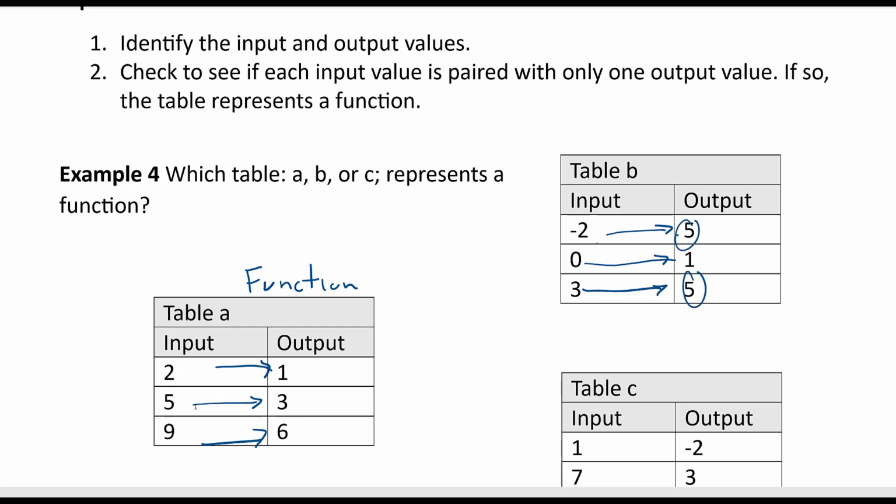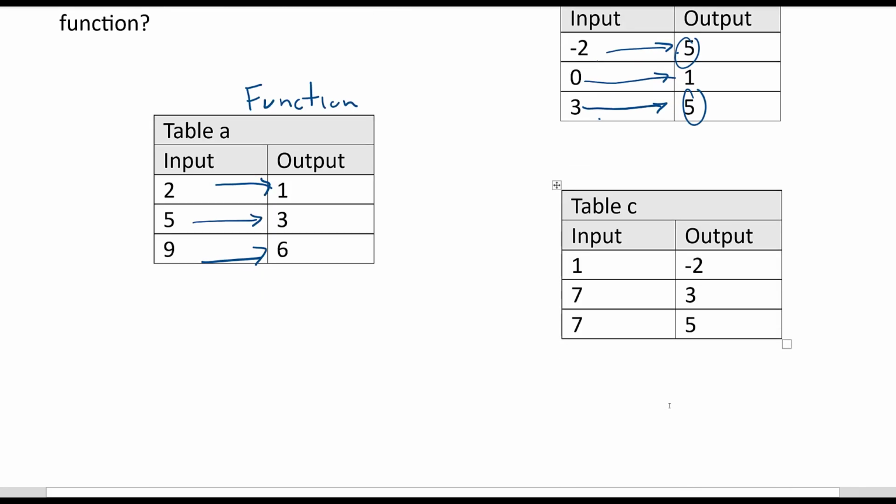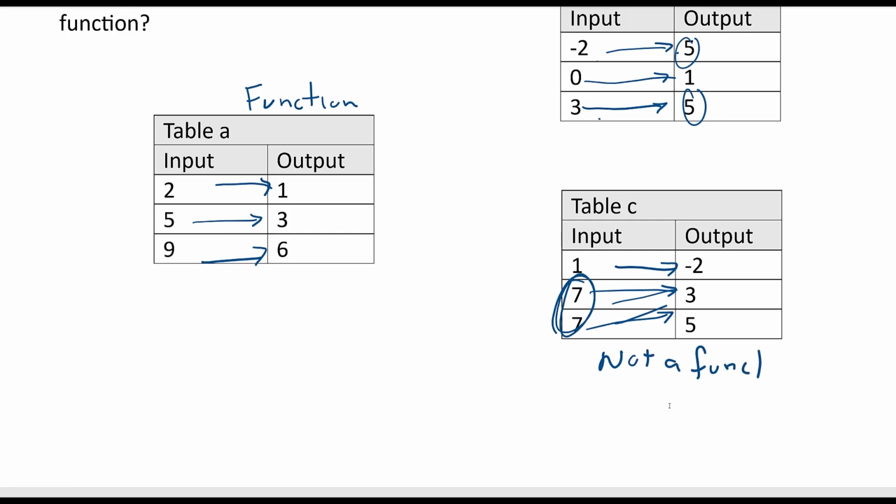But -2 only goes to one thing, and 3 only goes to one thing, so it's okay that they both go to the same thing. So that one is a function. And then table C. So here we have 1 goes to -2, but then 7 goes to two different things. So these are the same, and they're going to two different values. So this is not a function. It's just a relation. They're all relations, but A and B are also functions.